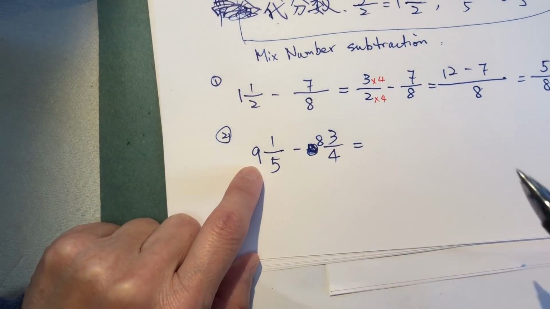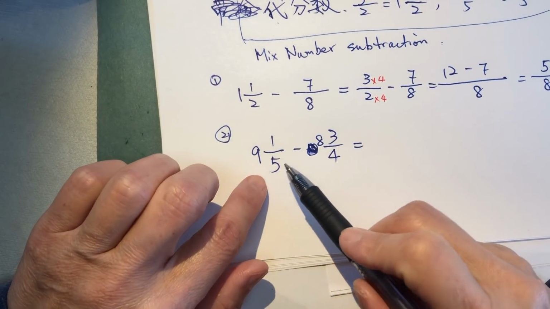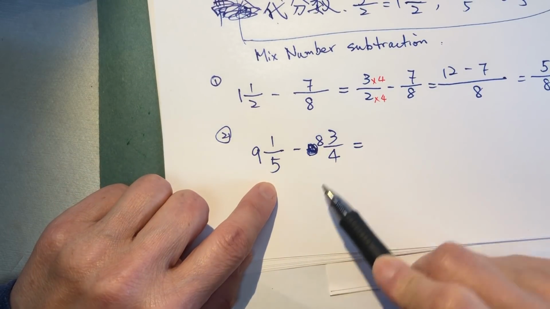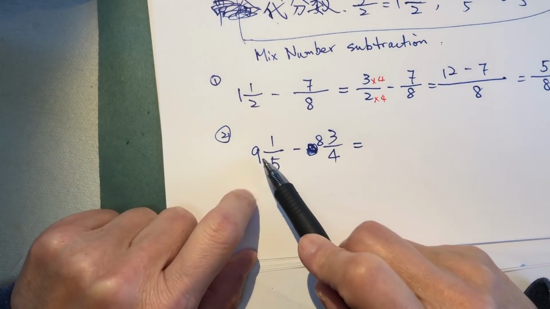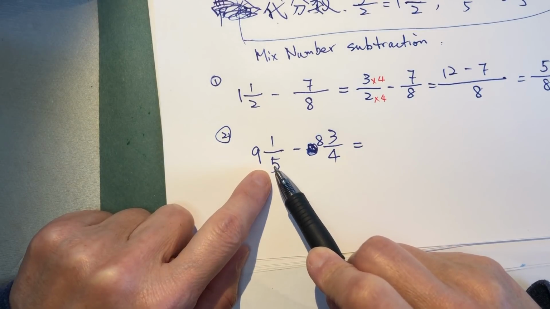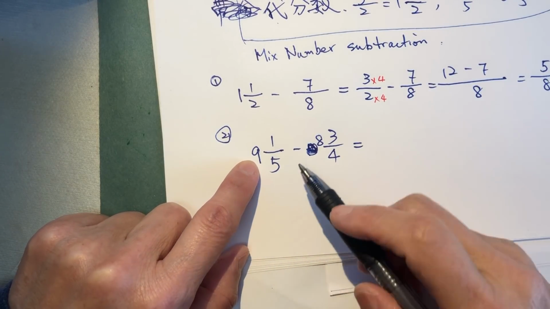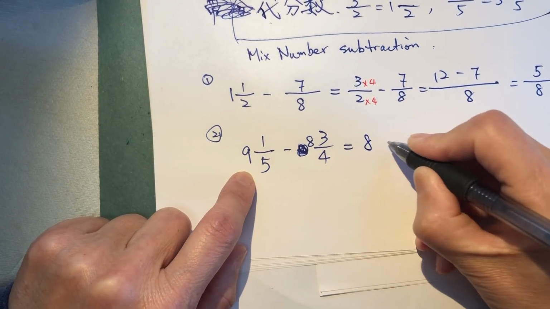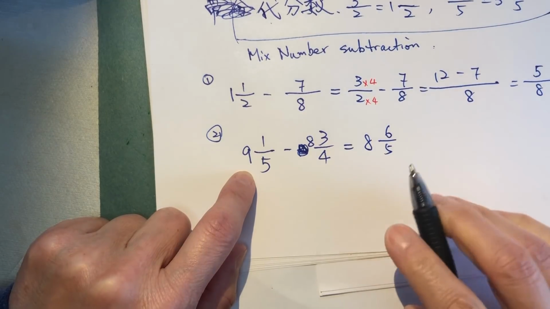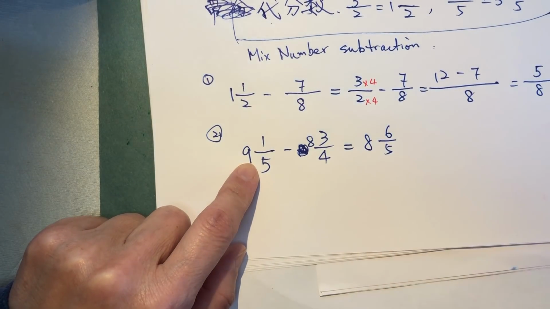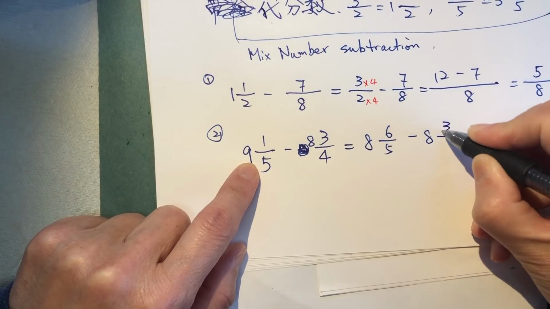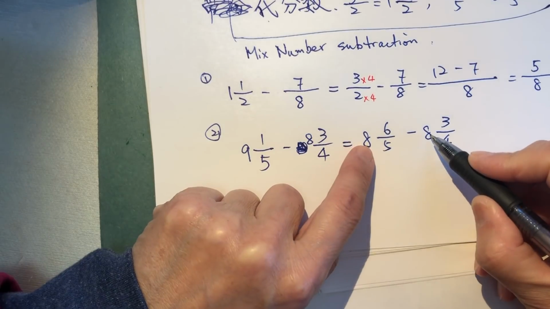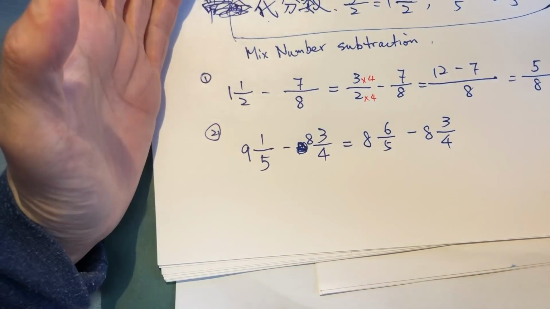Okay, first we see 1 over 5 is smaller than 3 over 4. So we need to borrow. Do we need to borrow everything from here? It becomes too complicated because this one, the first number, we can change into 8 and 6 over 5 minus 8 and 3 over 4. This will become easier because 8 and 8 can be subtracted.